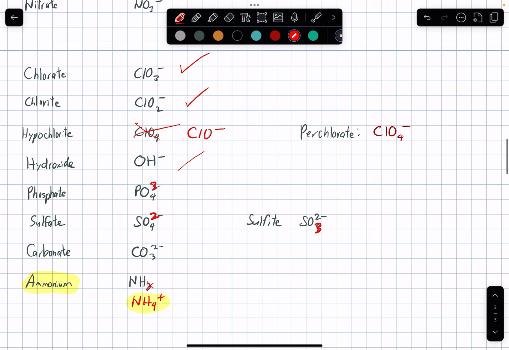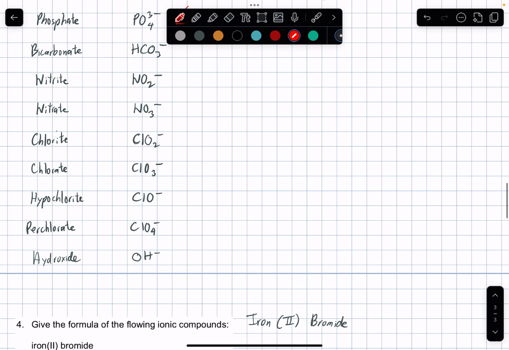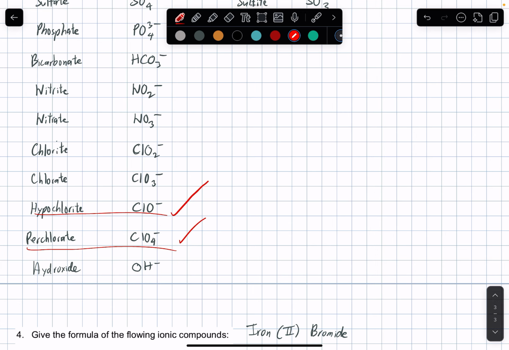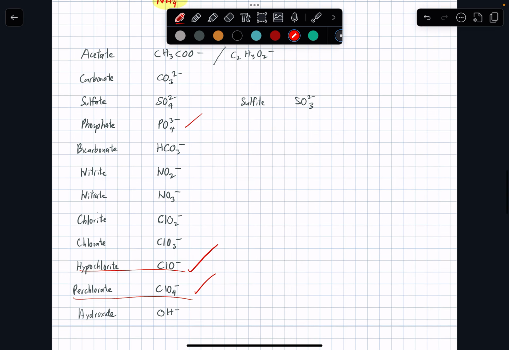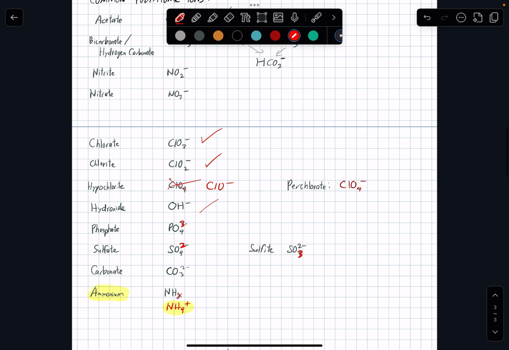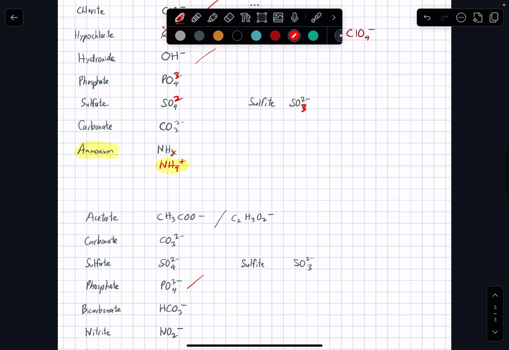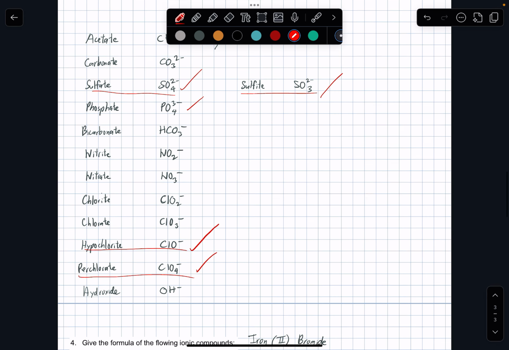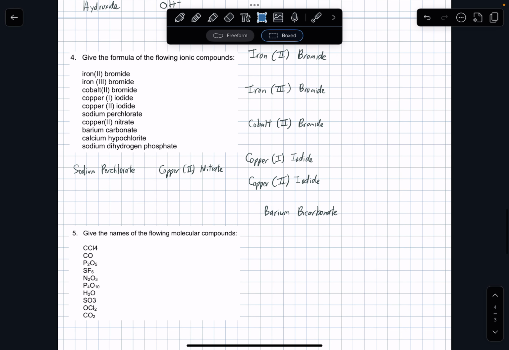Let's check if hypochlorite is correct. Okay, that's correct. Perchlorate is also correct this time around. How about sulfite? Okay, nice. Sulfate. Nice. Okay. So far so good. Let's start naming now.